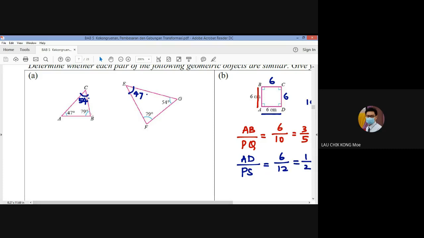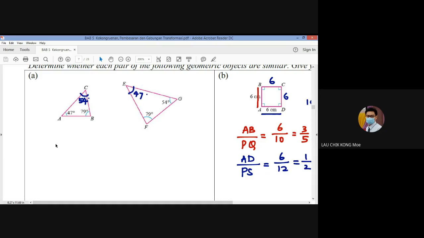Okay, if we look at the angles here, angle A is 47 on the left, and on the right, angle E is 47. Angle B is 79, and angle F is 79. Angle C is 54, angle G is 54. So all the corresponding angles are equal. All right.